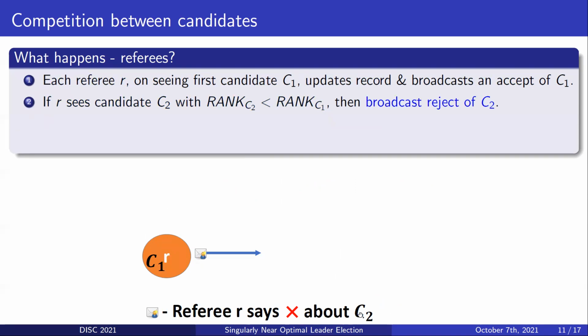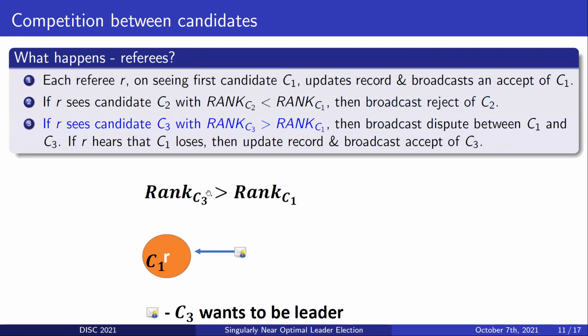What we're trying to do here is, ideally, the candidate with the highest rank will become the leader. Now, that may not be the case, but this is what this procedure will lead to. So suppose now that you hear about another candidate C3, but it actually has a higher rank than C1, which is the candidate R has already said yes, you can become leader to.